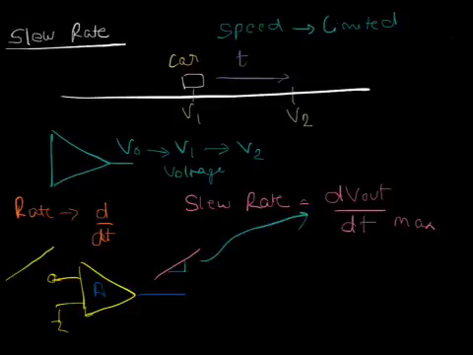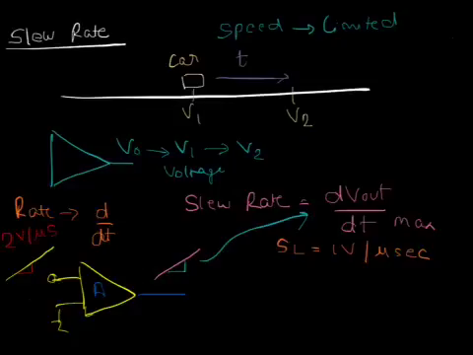Let's say, to take a particular example, our slew rate for some op-amp is 1 volt per microsecond, and we give it an input which is changing, let's say, at 2 volts per microsecond.